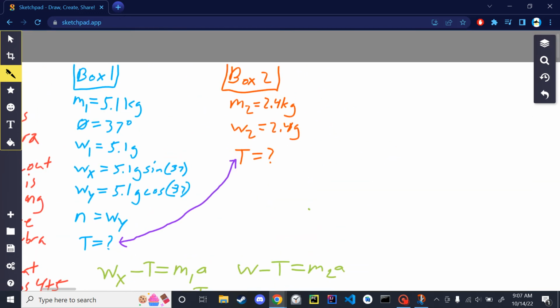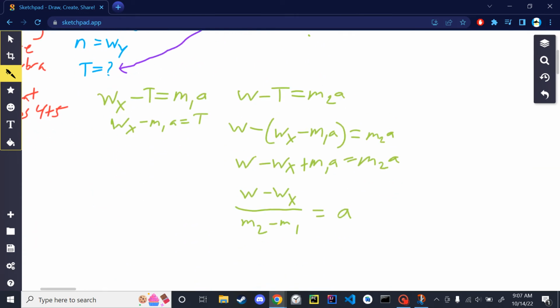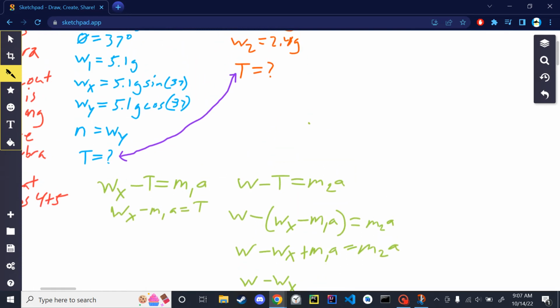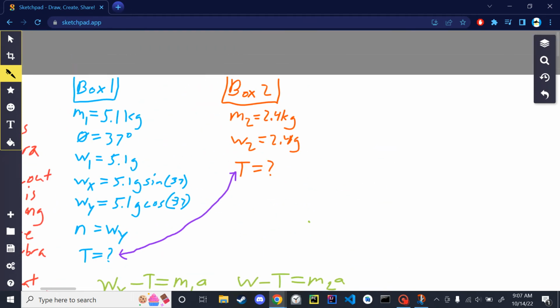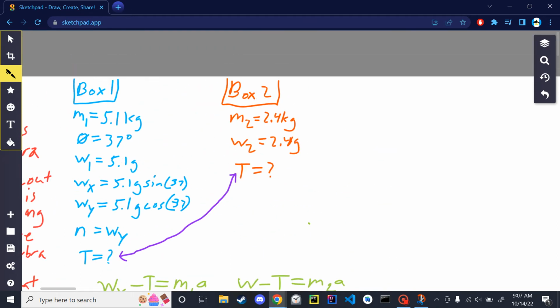Okay, so W is 2.4 times 9.8 minus 5.1 times sine of 37, divided by 2.4 minus 5.1.